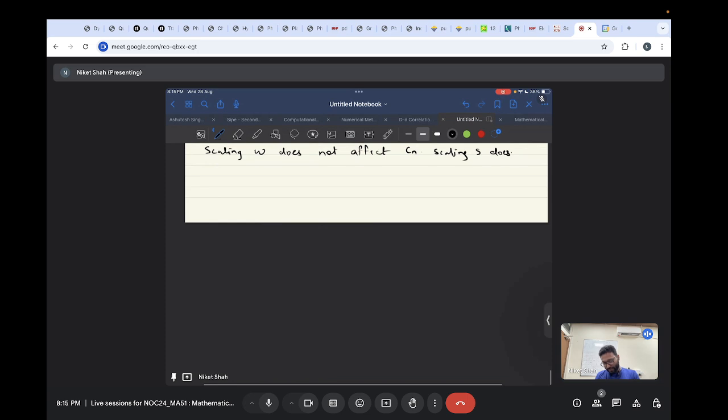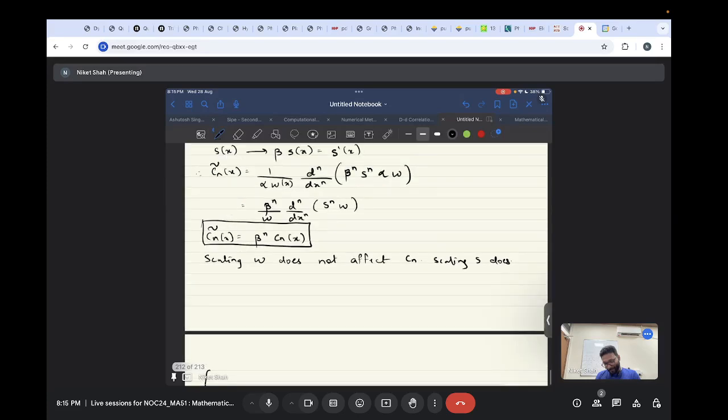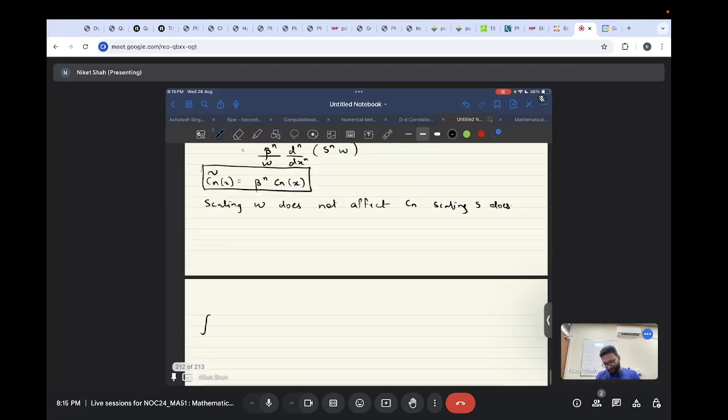And what about the orthogonality relation? So integral Cn x power p w, w dx. So in this case, it's beta raised to n, which comes out, integral Cn x raised to p w.